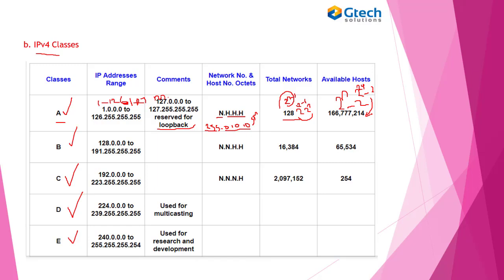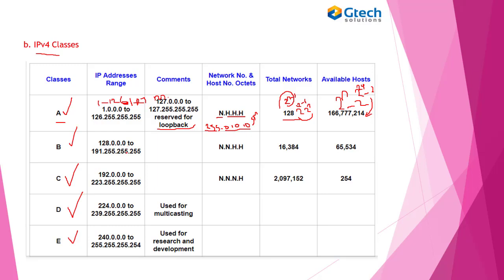Okay, I hope you understand how to get the total number of networks under class A address and available hosts. Okay, so let's proceed to class B.